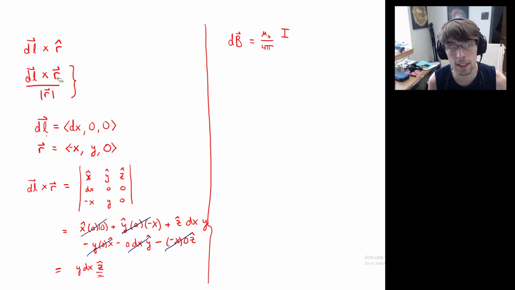We said that dl cross r hat is simply y dx in the z hat direction. Now notice, instead of r squared in the denominator, I have a third r right here. So I should put something like r cubed.